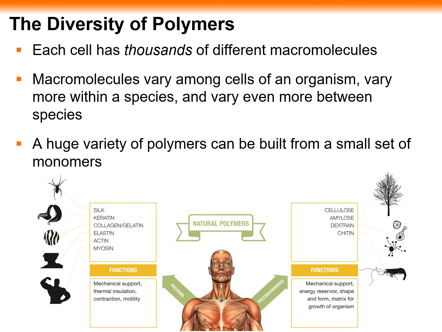So some of the natural polymers we see out there, for instance, silk and keratin, which is in our hair, very closely related, have similar properties. Collagen and gelatin, those are both a form of polymer, or elastin, actin, and myosin, all have polymeric structures. And their functions, they may be strong in a tension way, like for instance, you can pull on them and they will resist that tension.